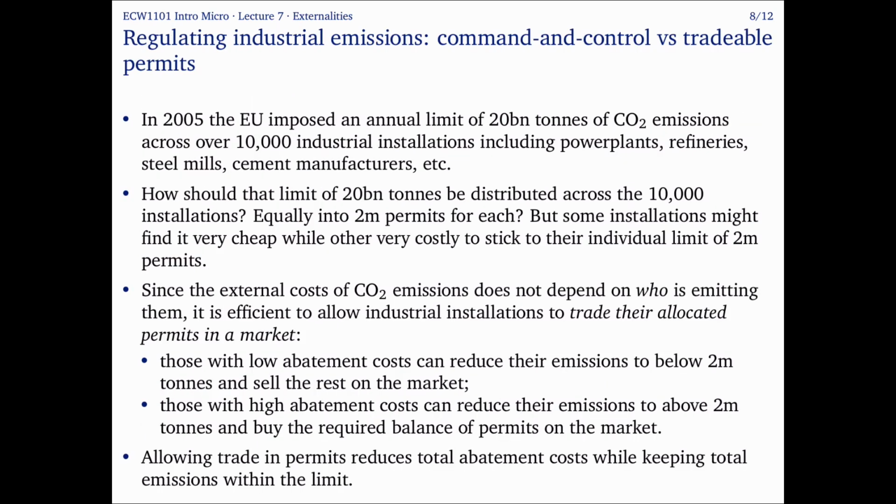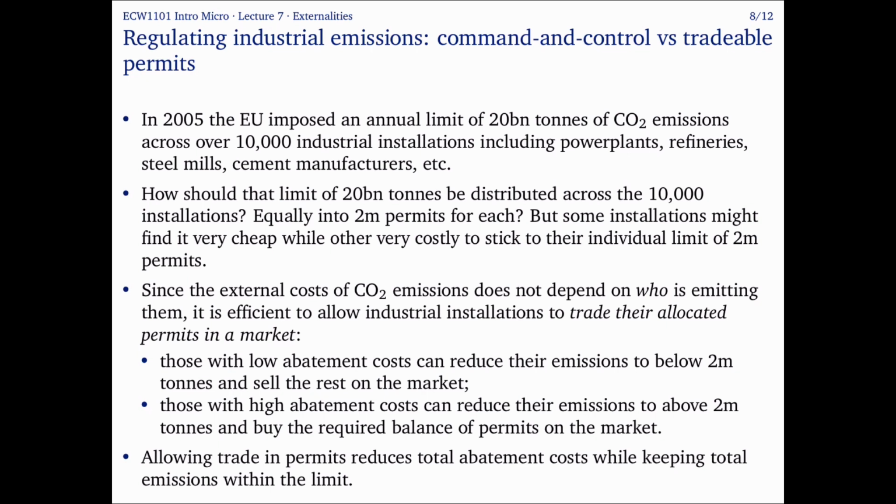So let me talk about a real-world example, which is a case where economists were really successful in explaining to policymakers how to make things work better. So this is the case of CO2 emissions. Okay.